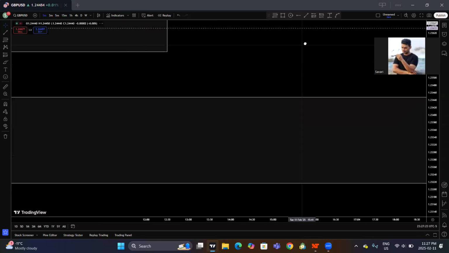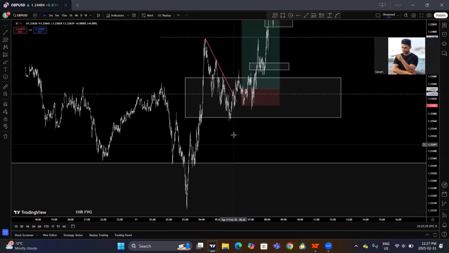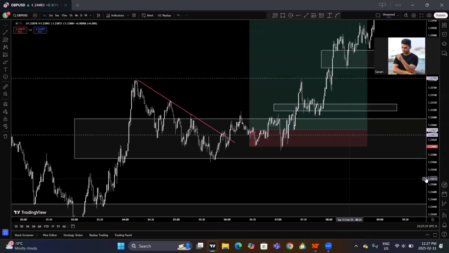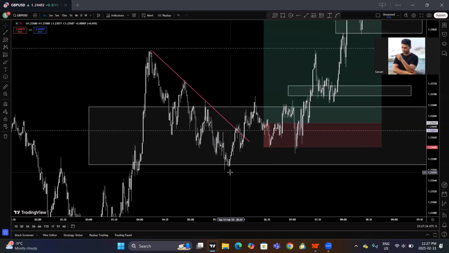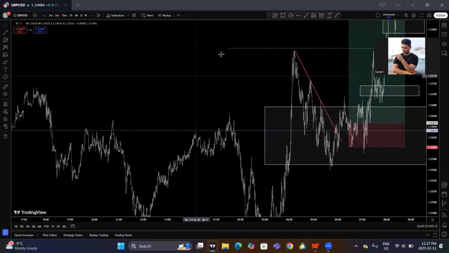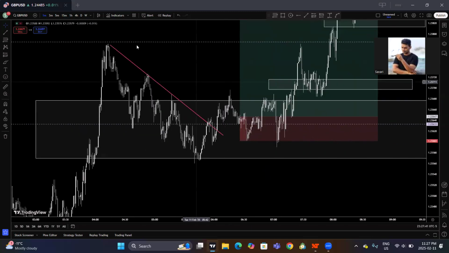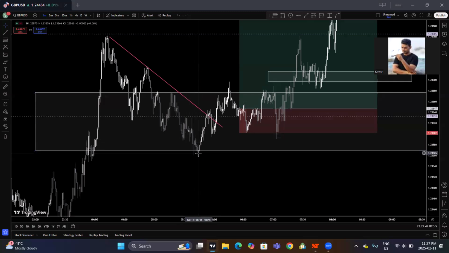If I go to 1 minute, I can explain even clearer. As soon as the price comes to this 15 minute fair value gap, these are the generated liquidity, and these are the generated liquidity after achieving this low.